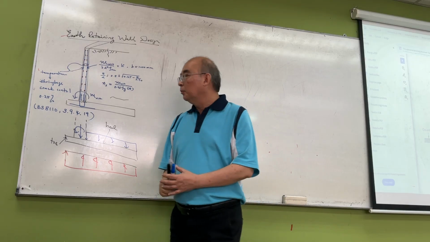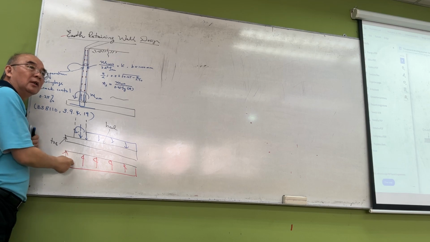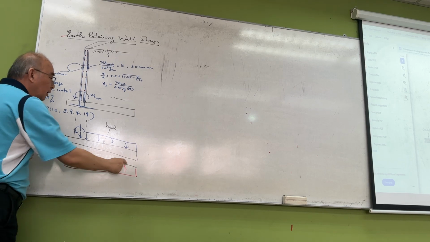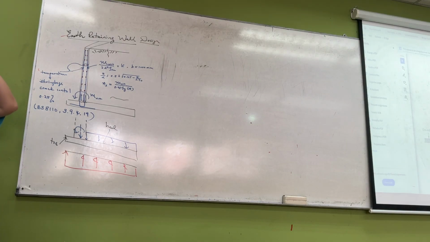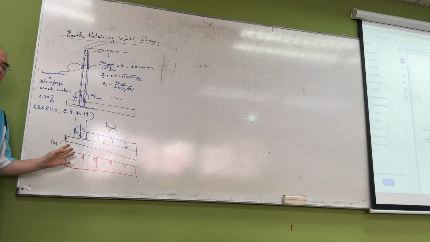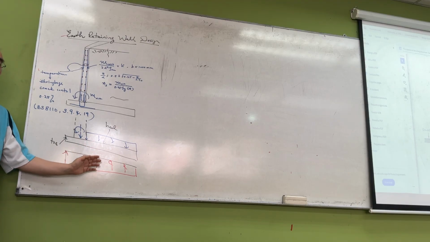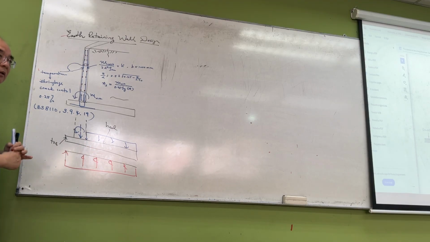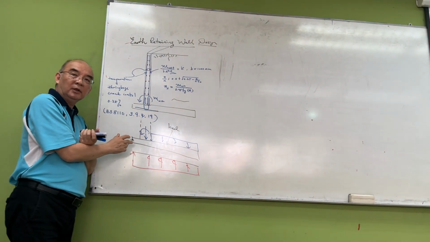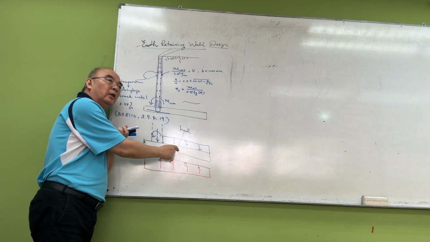Based on this, you calculate the soil diagram here. Most likely it is trapezoidal. Very rarely, only one or two cases I encounter, it is a triangle. Then based on that, you know what the reactions are, what the loading acting on this is.